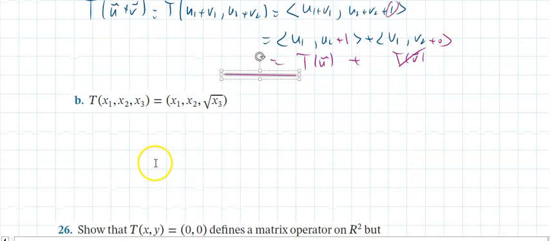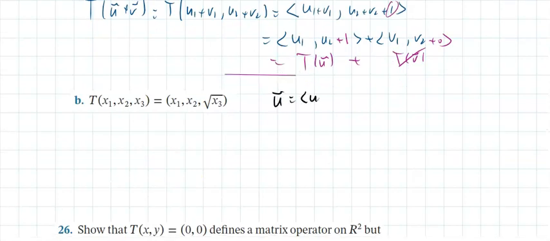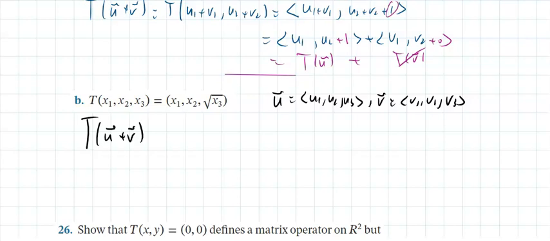And here the same deal. If I look at here, let U equal U1, U2, U3, 3 dimensions, and let V equal V1, V2, V3. If I apply T on U plus V, that is T applied on U1 plus V1, U2 plus V2, U3 plus V3.